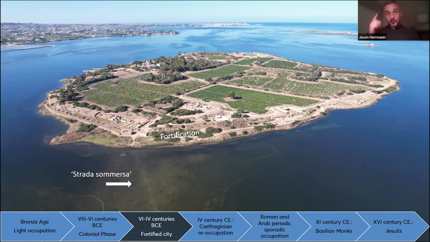In the 11th and 12th century, some monks set up a little monastery on the site, and that's who the site is named for, San Pantaleo. It comes from the establishment of the monastery then, and then some Jesuits later on. But occupation at the site was nothing near what it was at its height, which may have hosted 1,500 people or more at that time.